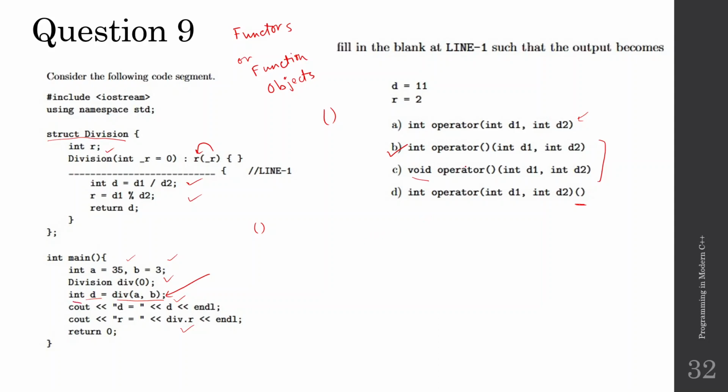So the correct answer here will be B, where we are overloading the parenthesis operator. It returns an integer and it takes two integers here. So we will replace it over here.